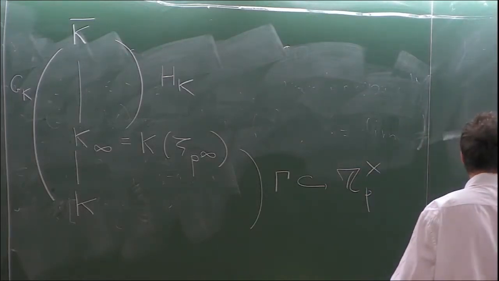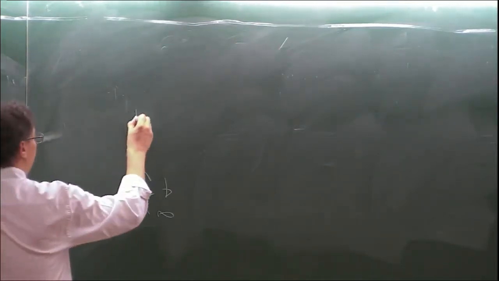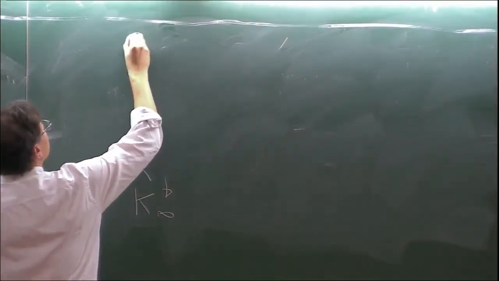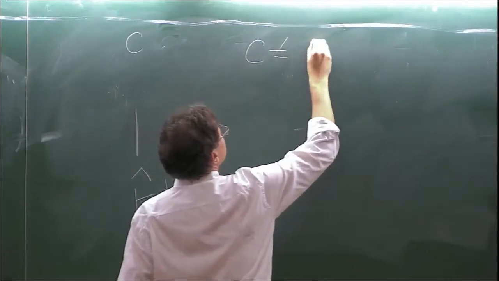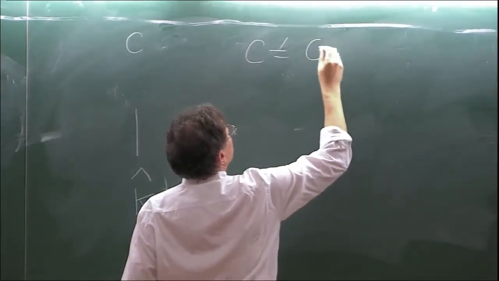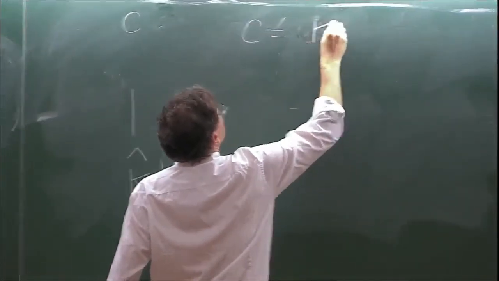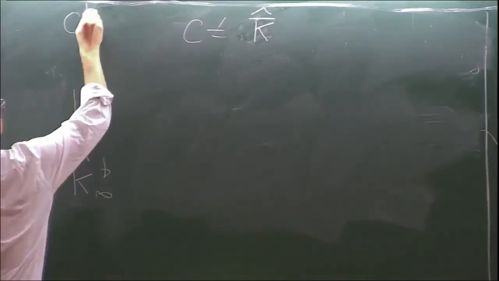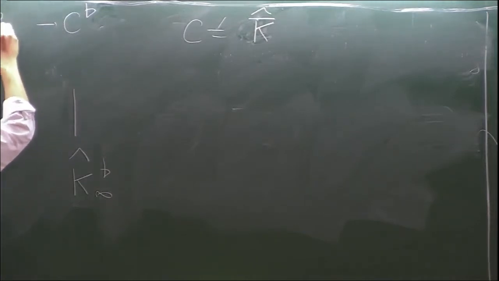we can consider the tilt of K infinity, completed K infinity. Here we have the tilt of, let's denote by C, the completion of an algebraic closure of K. We can take the tilt of C, which is algebraically closed.